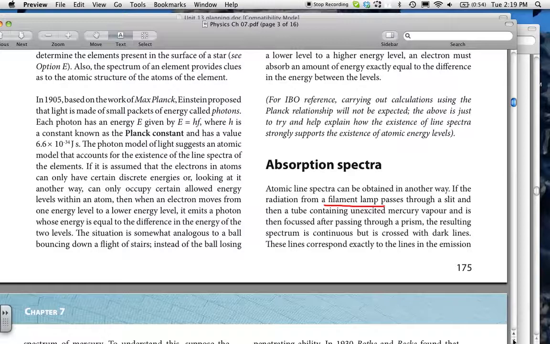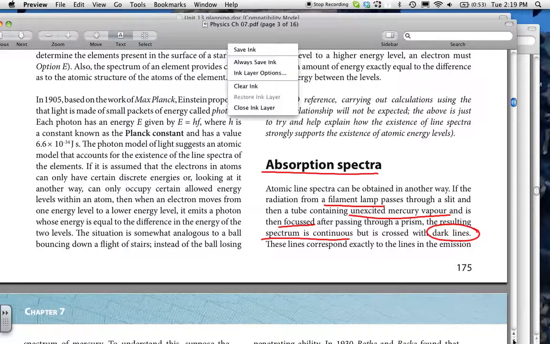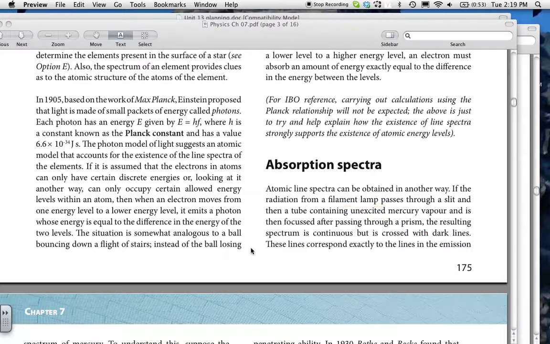If it is passed through unexcited mercury vapor, and then focused and you look at the spectrum, it is still continuous, but there are dark lines. These dark lines are where the mercury vapor absorbs specific wavelengths of light, relating to their absorption spectra. So this is a way you can get this in the laboratory. I hope you find it useful. It will be good for you to read that again.